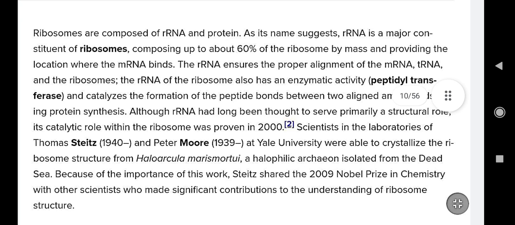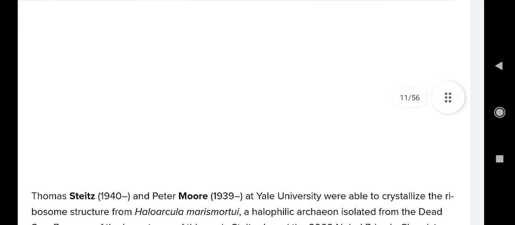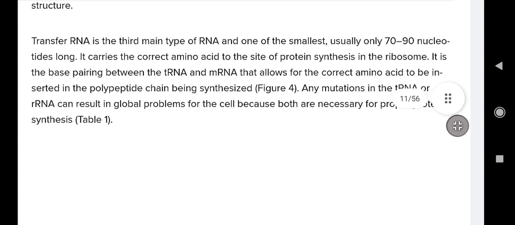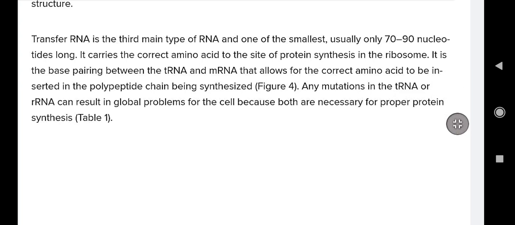Okay, so this was about rRNA. Specifically, the rRNA structure has not been given. We just see them in the form of small segments found in the small ribosomal subunit and large ribosomal subunit.